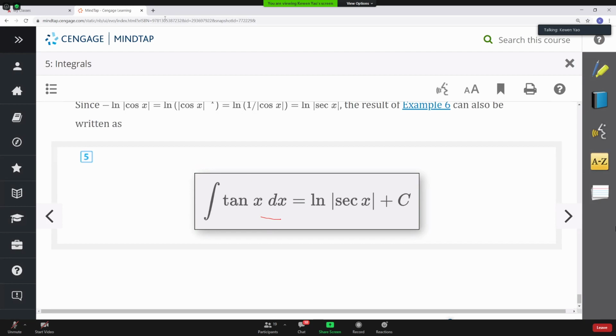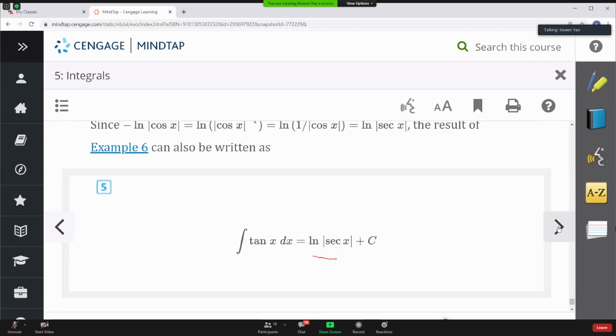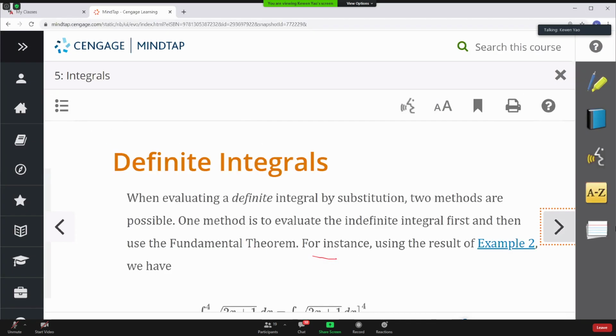Okay, so let's turn to the next page. We have finished a lot of examples, right? Now this is for definite integrals.